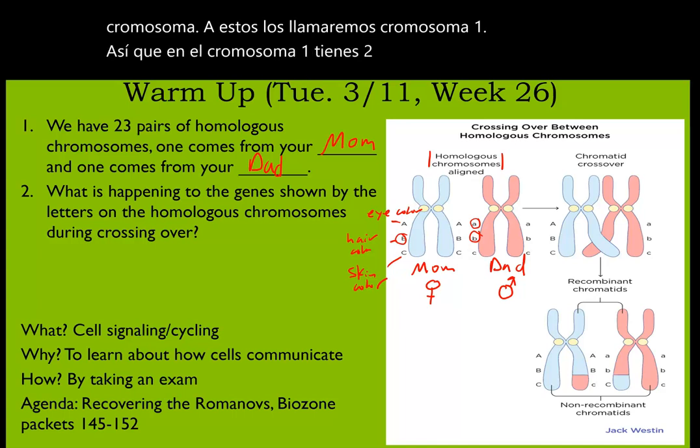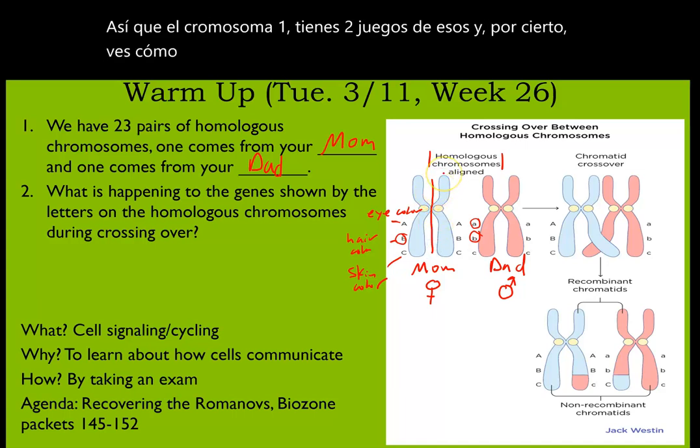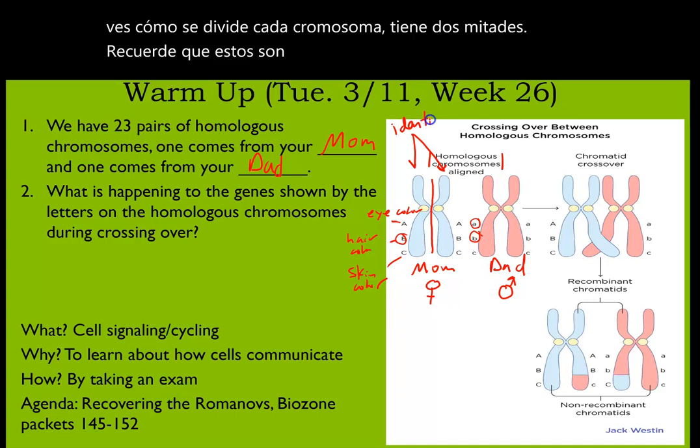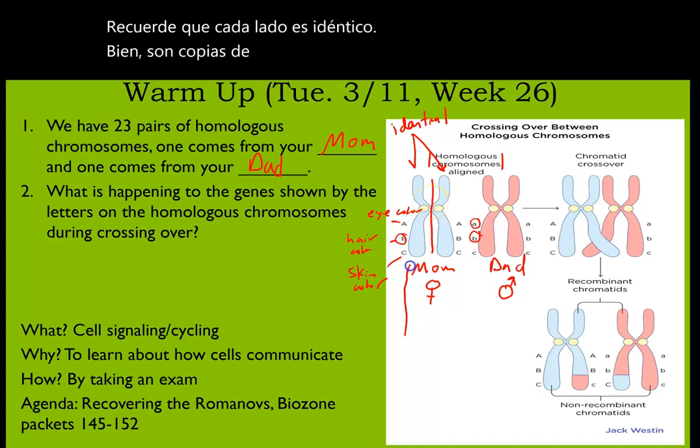And by the way, you see how each chromosome is divided? It kind of has 2 halves. Remember, each side are identical. They're copies of each other. This is a copy of that.